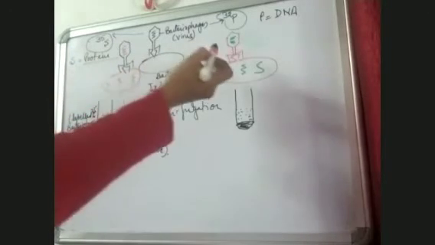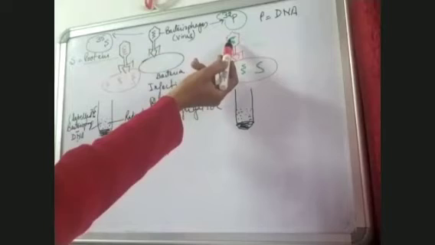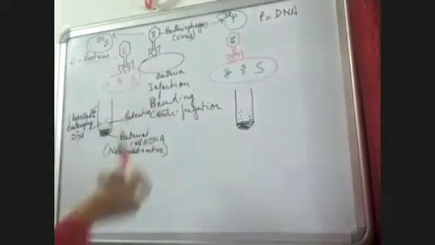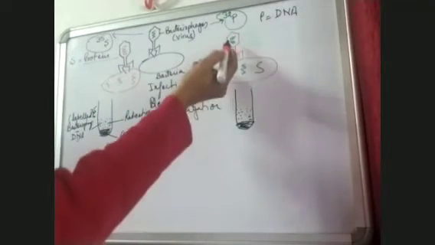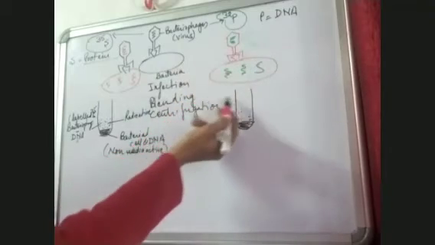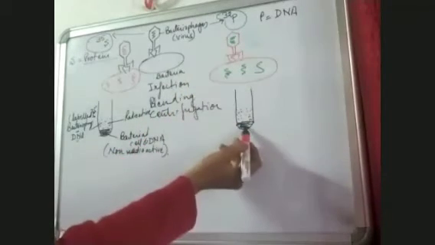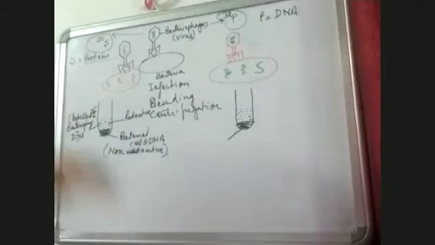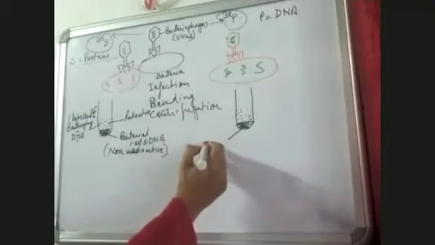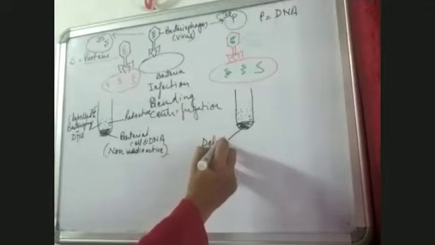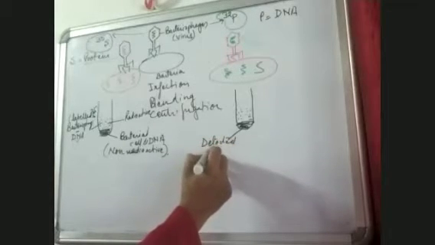Now in this case, the DNA is labeled with radioactive phosphorus. And where is this DNA? DNA is now in the bacterial cell, and this forms the sediment. So this sediment, which is the heavier part, will be radioactive. It was detected as radioactive.